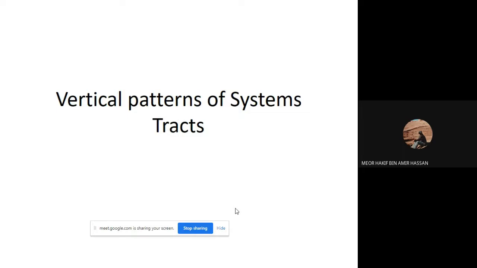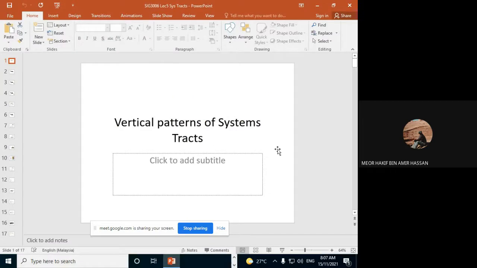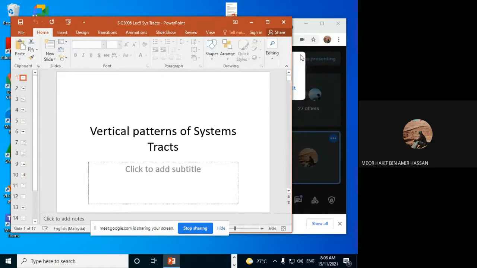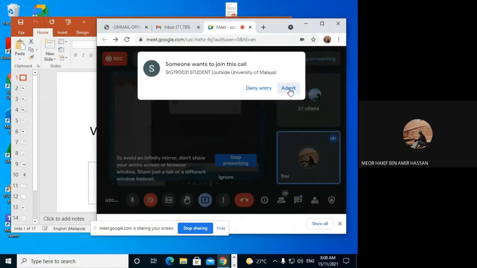We've looked a little bit at the different systems tracts, how parasequences will be arranged during different systems tracts. So let's dive a little deeper into the details of each systems tract. That's what we're going to do today.